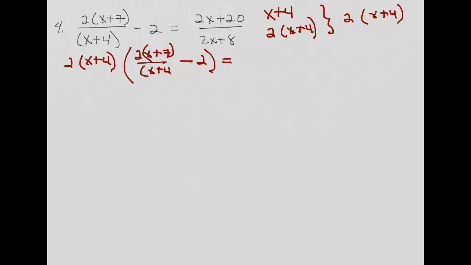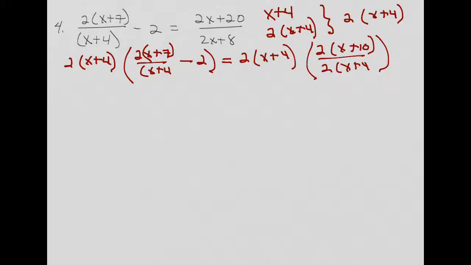And I'm going to go ahead and factor the numerator and denominator on the right-hand side. So that's going to be 2 times x plus 4 times what I have on this side, the top part's going to factor into 2 times x plus 10. And the bottom is going to factor into 2 times x plus 4. Okay, so let's go ahead and multiply this LCD in.